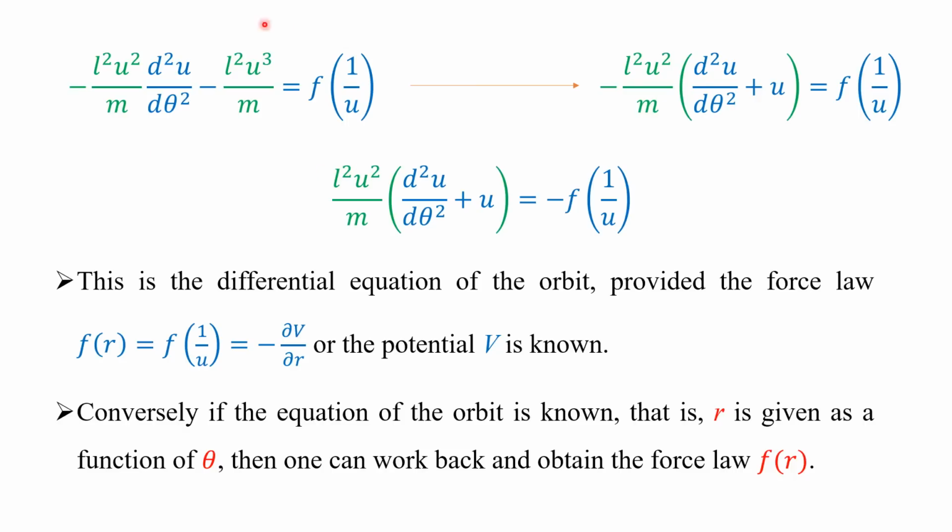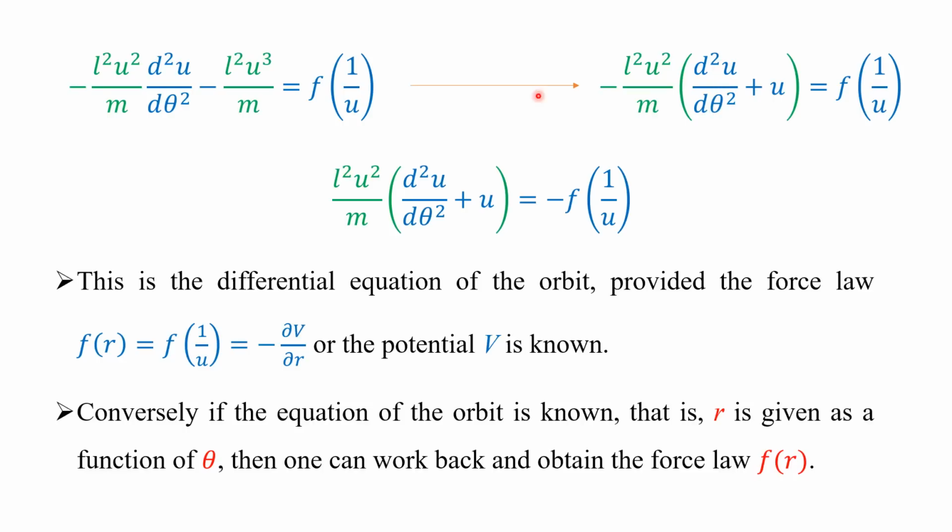So we have seen this expression. Here you can see in the first term and second term of the left side, you have a common constant, that is L squared u squared over m. Here you have L squared u squared into u, since u cube can be written as u squared times u, divided by m. So now the common term is L squared u squared over m.